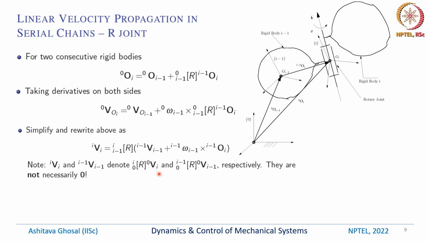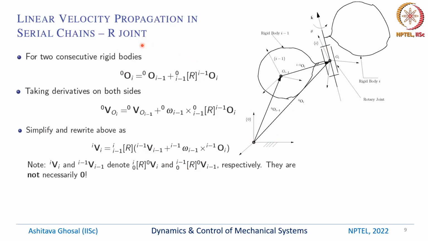We are finding the derivative in the 0th coordinate system, but we are expressing it in the ith coordinate system. Or for the I minus 1 rigid body, we are finding the derivative in the 0th coordinate system, but we are expressing it in the I minus 1th coordinate system. So this is just a way to show that we can go from the fixed base, which is normally 0 velocity, then keep on adding these omega cross r terms and these I minus 1 vi terms to obtain the linear velocity of all rigid bodies in this serial chain.